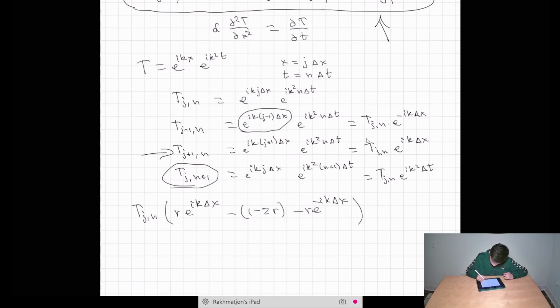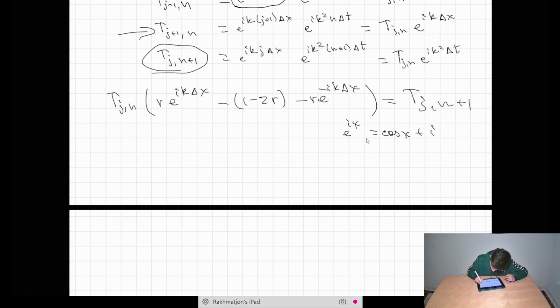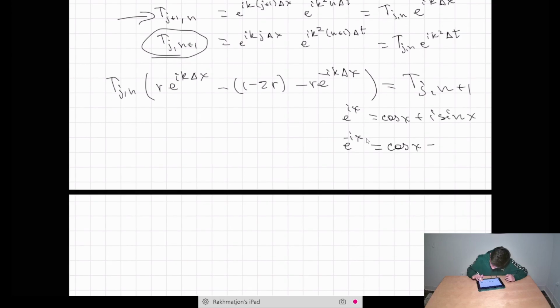We know that e to the i x is equal to cosine of x plus i sine of x, and e to the negative i x is cosine of x minus i sine of x.